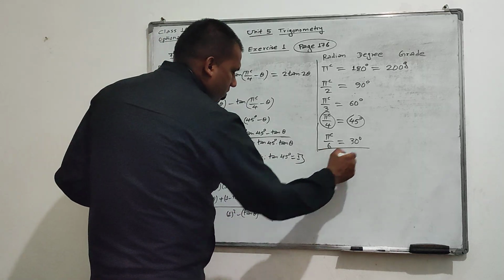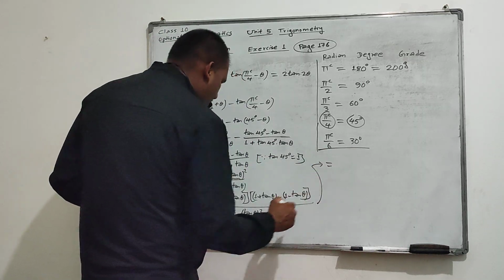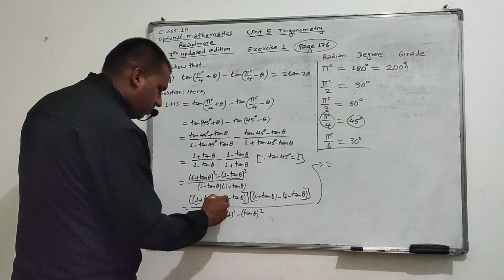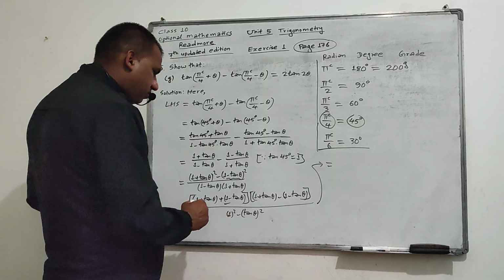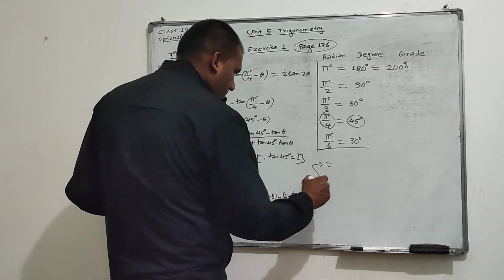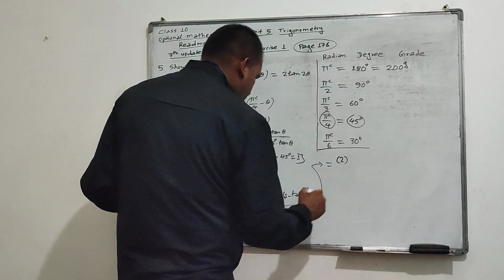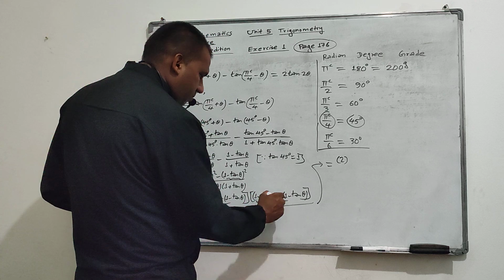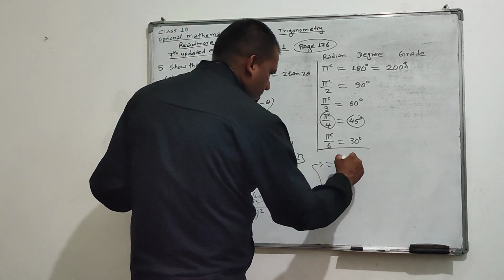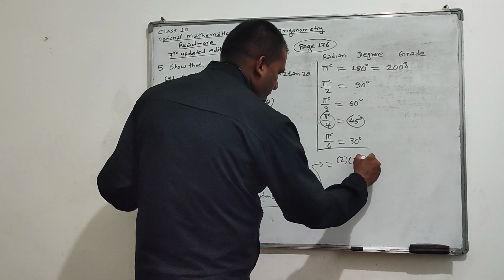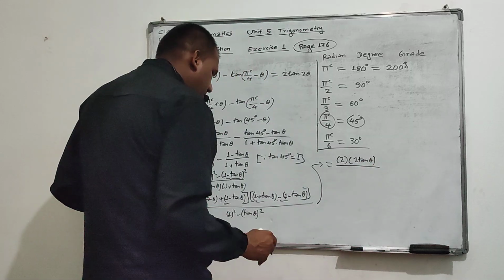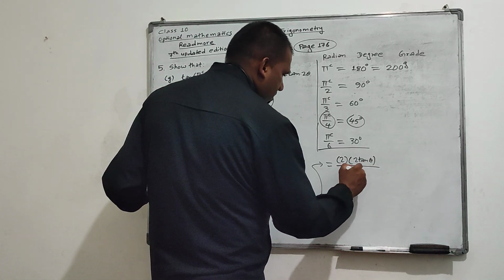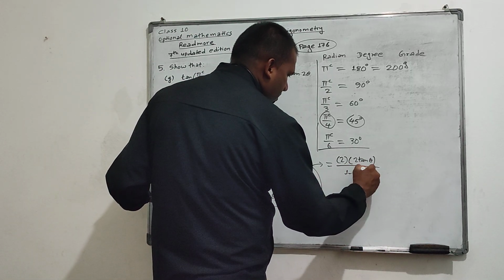Now this equals, here 1 plus 1 is 2, tan theta minus tan theta cancel out, remaining 2. Here 1 minus 1 cancel out, tan plus tan, tan plus tan is 2 tan upon 1 minus tan square theta.